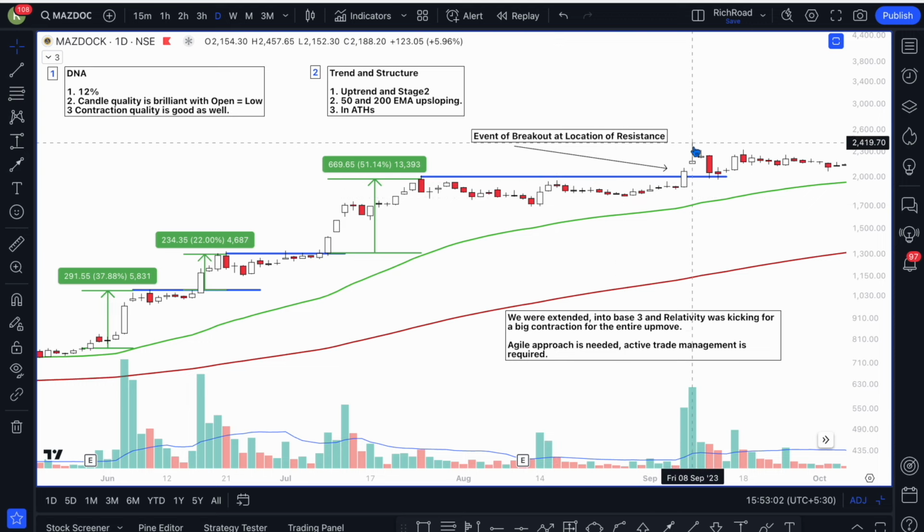The next day you went up, but completely came back in, although there was no such resistance over here. So, there was no reason for a push, but the price just came back in. Why did it happen? There is the reason. And being a trader, you definitely would have booked out somewhere here, 2375 or somewhere. Why? Because you need to be agile and you had to be active if you're trading. Why is that? This is the reason.